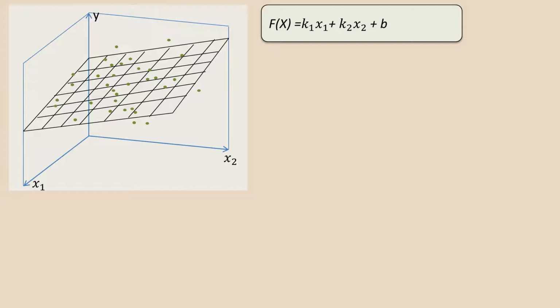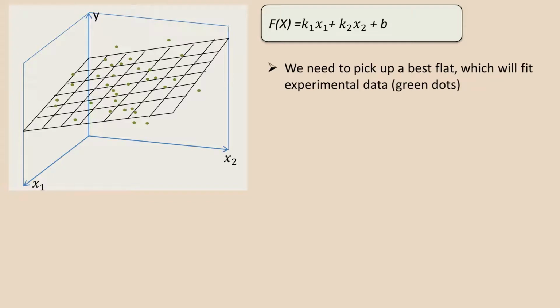Our task will be to pick a flat which will fit these dots, and this flat's equation is the same linear equation as we saw before, but now it has another component, now it depends on x2 as well, not only on x1. So our task will be to pick the flat which would be the best in terms of minimizing the cost function. We can still use the same cost function based on mean square error, and we will have to pick coefficients k1 and k2 and value b.